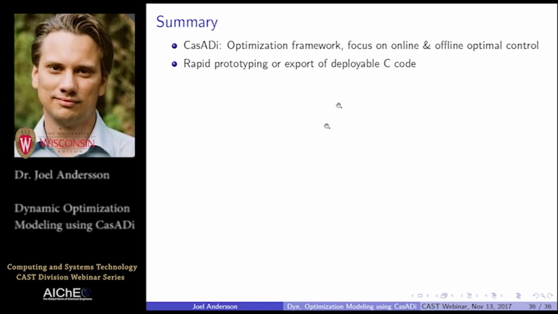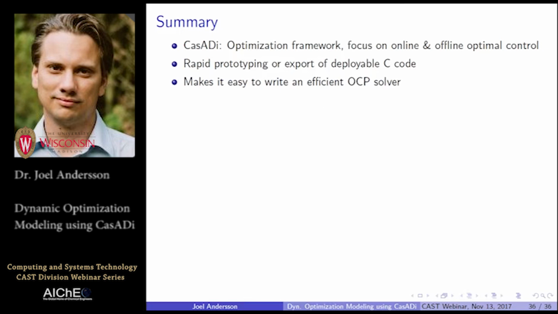In particular, it allows you to do rapid prototyping of different algorithms, or after you prototype your algorithm, you can export the solvers, or the derivatives, or whatever you have generated, as self-contained C code. And in particular, this makes it easy.